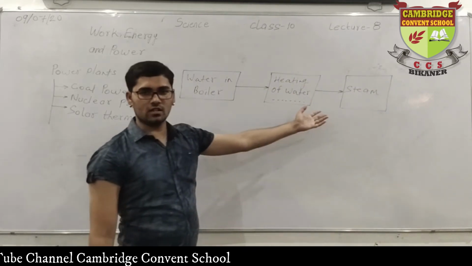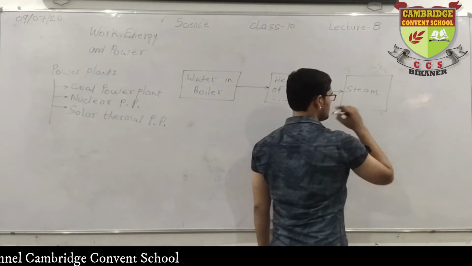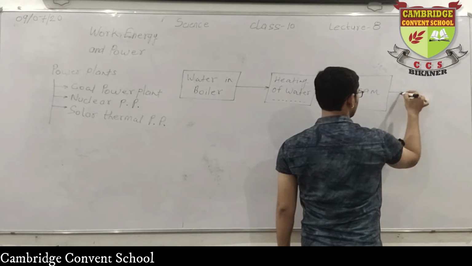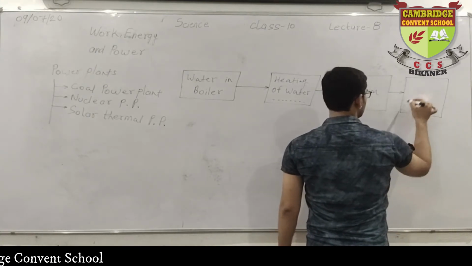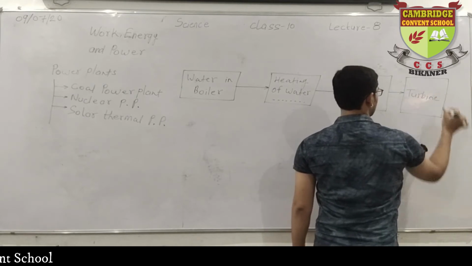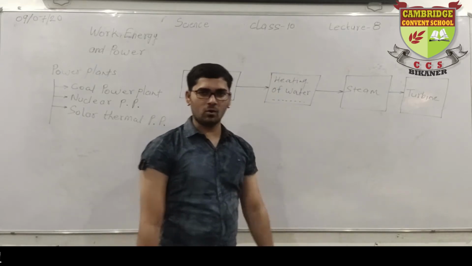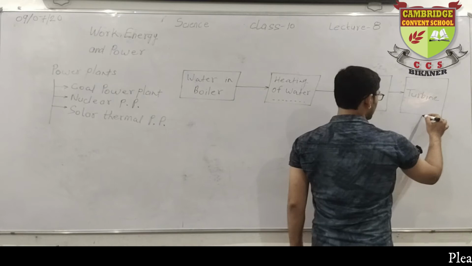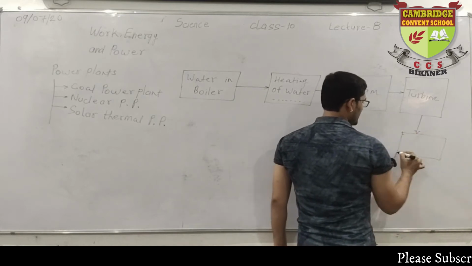This steam has a huge amount of energy. What happens then? Then this steam is thrown on the turbine. What is a turbine? I am just about to explain. After that, the turbine is connected with a generator.